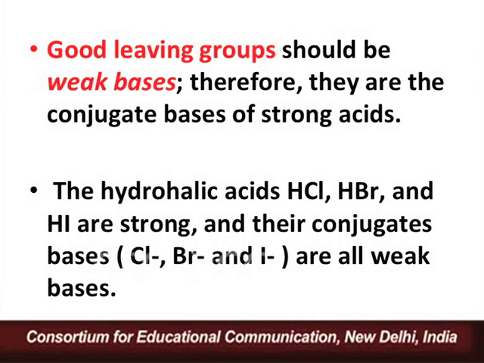If we consider the example of halogens, we find that they are weak conjugate bases of strong hydrohalic acids. For example, chloride, bromide and iodide are conjugate bases of hydrochloric acid, hydrobromic acid and hydroiodic acid respectively.